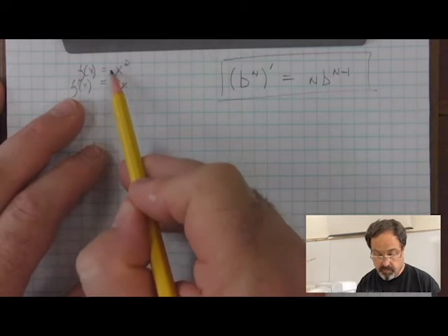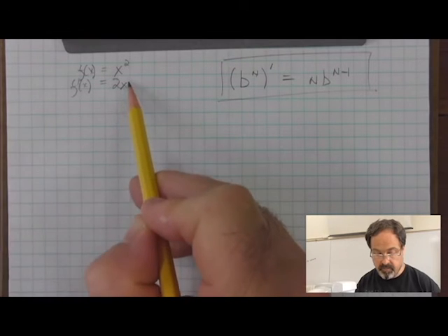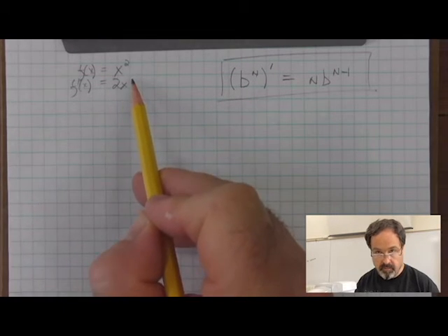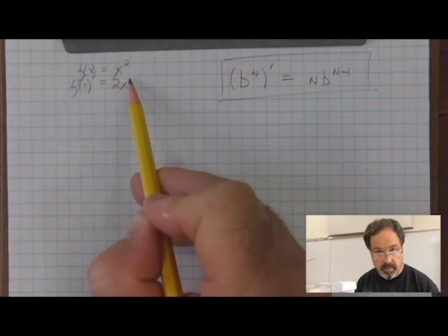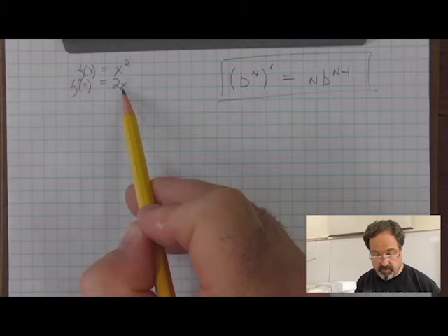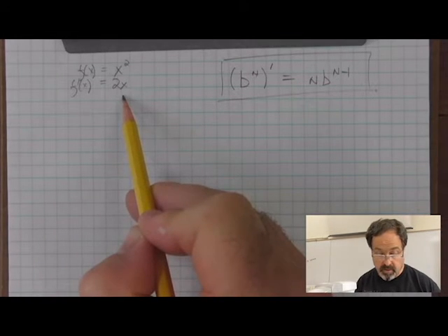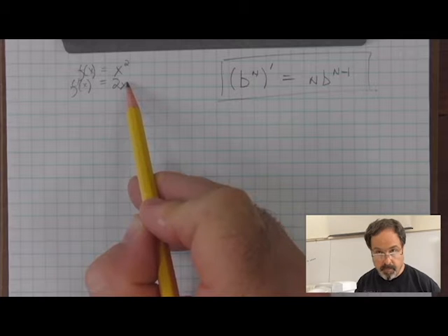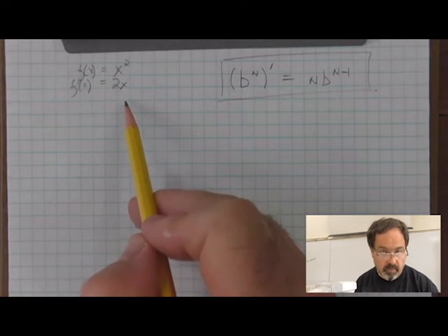We bring the 2 in front, that now multiplies the power, but we've taken 1 away from the exponent. We don't show x to the 1 because an exponent of 1 doesn't change the value of the base. So 1 could be drawn there, but it comes from reducing the power of 2 by 1.